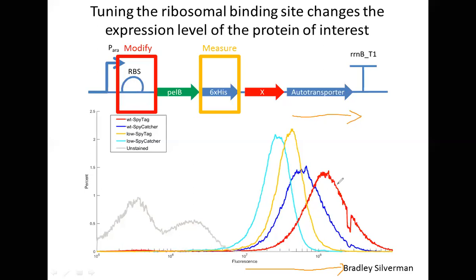And what Bradley found is that if you have a wild type ribosomal binding site, you have expression that is corresponding to this signal, whereas if you weaken the ribosomal binding site, you end up with this signal, which is much weaker.